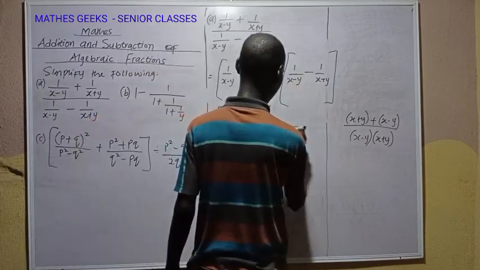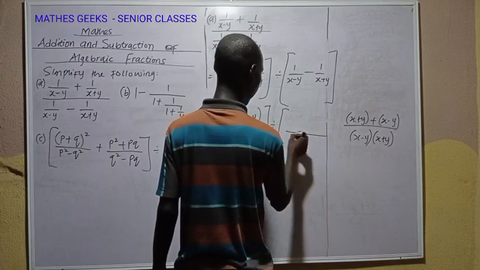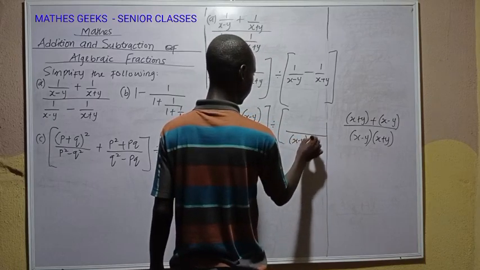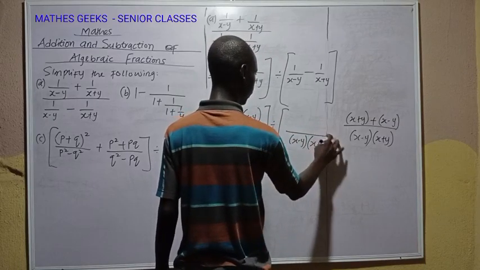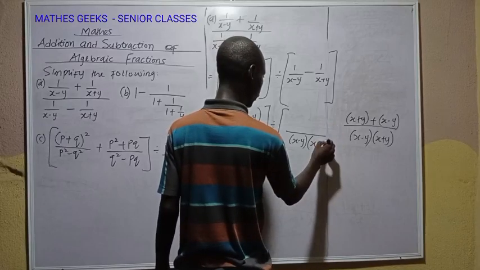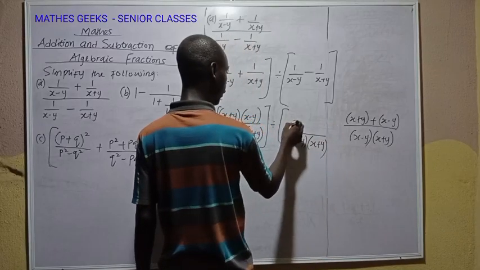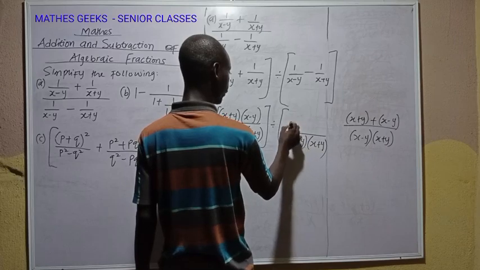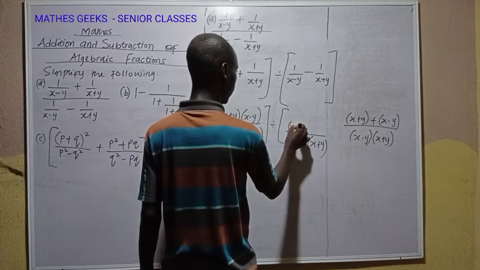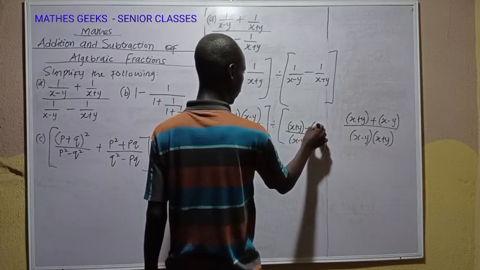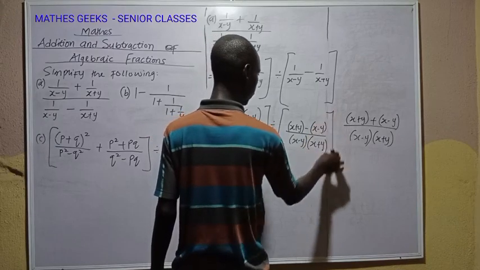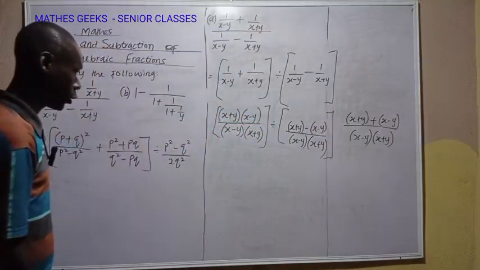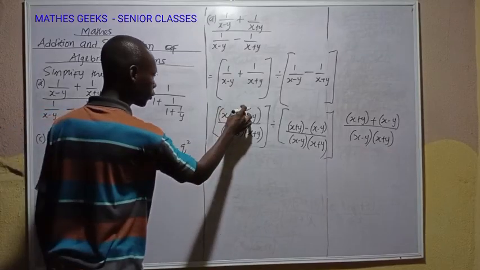Then in here, our LCM will be (x minus y) and (x plus y). So this will result to (x plus y) minus (x minus y). Okay, alright. There's supposed to be a plus sign here.